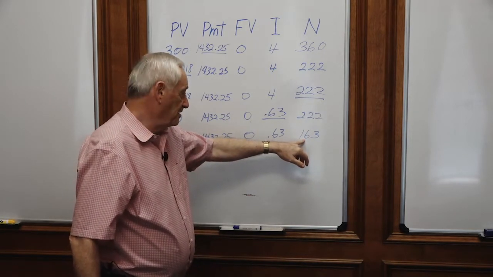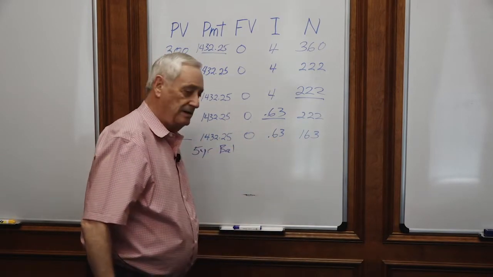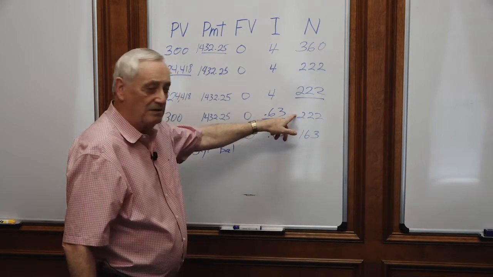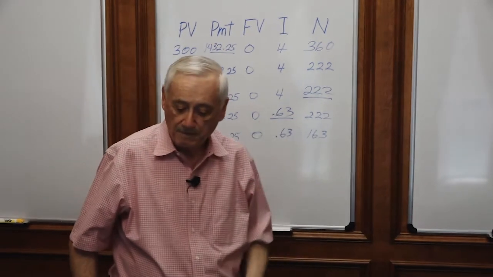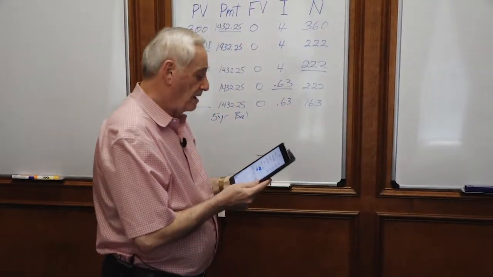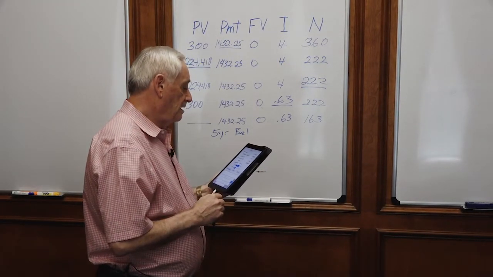So I'm actually figuring out what I will owe after I make 59, because I got 163 more to go if I want to retire this without a balloon. So the number of periods that we're going to put in here is 163.